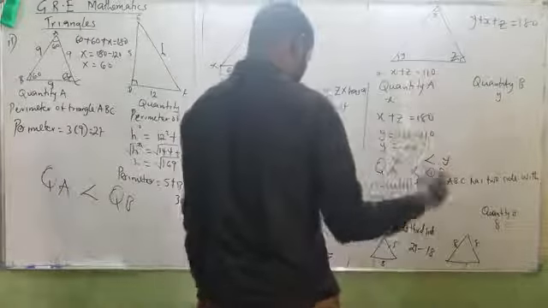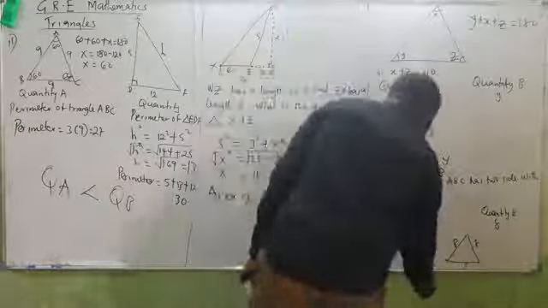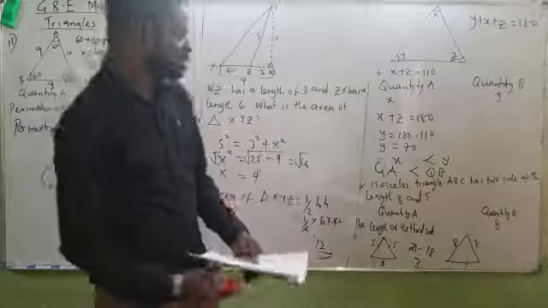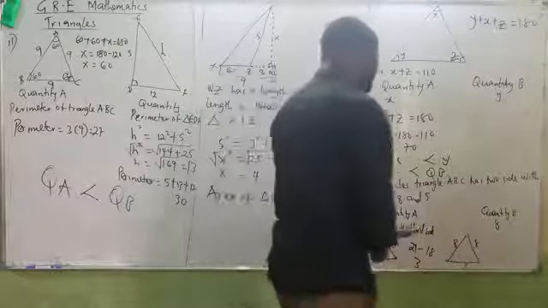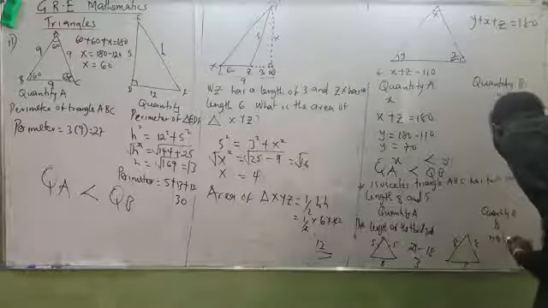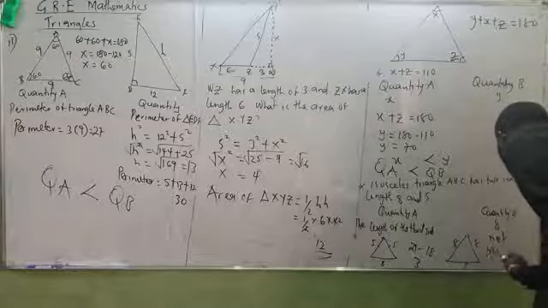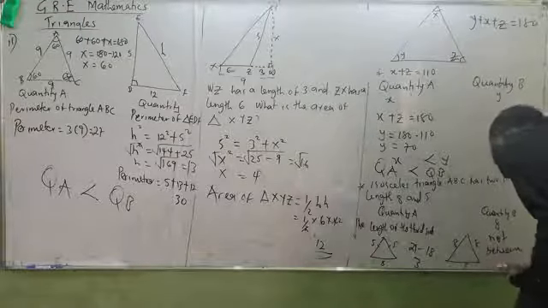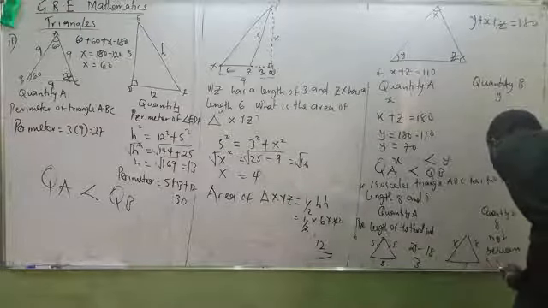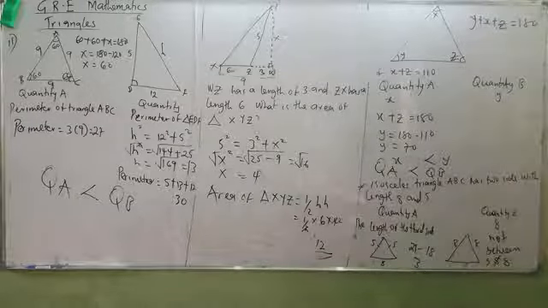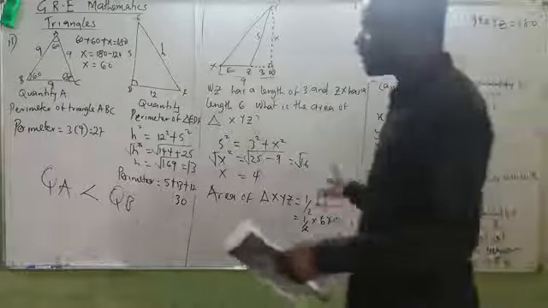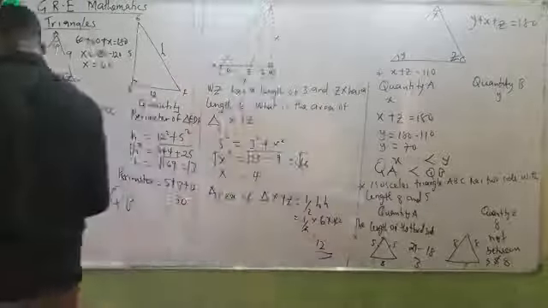I have 3. Now, 3 is not between 5 and 8. Since it's not between 5 and 8, therefore the answer cannot be determined. The answer cannot be determined. There is an option of undetermined answer there.